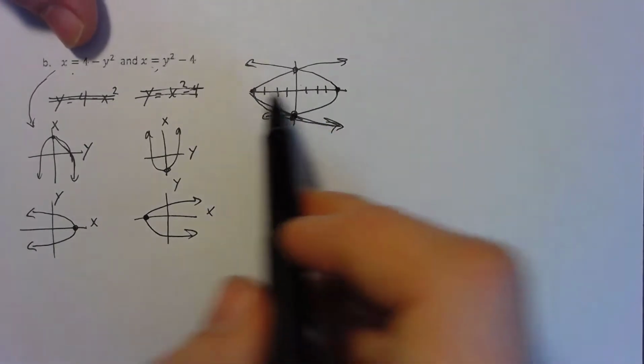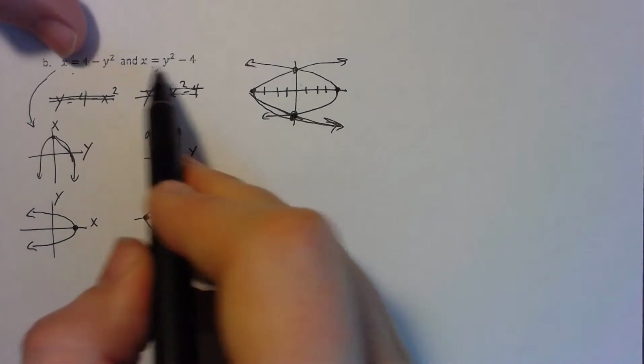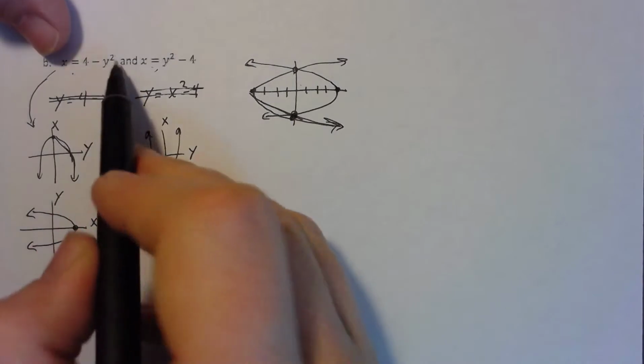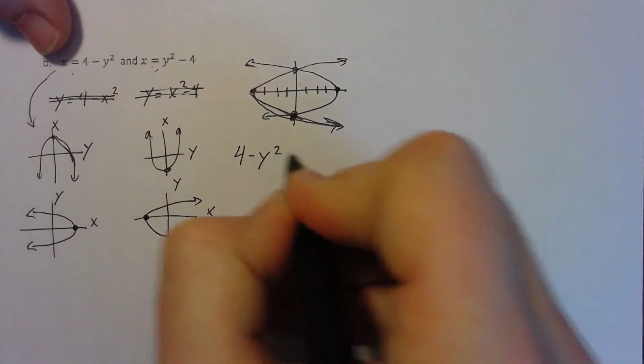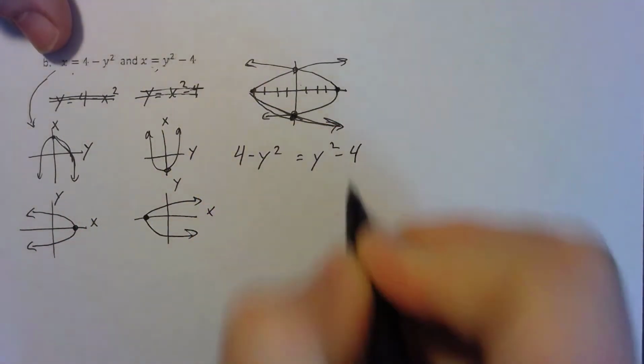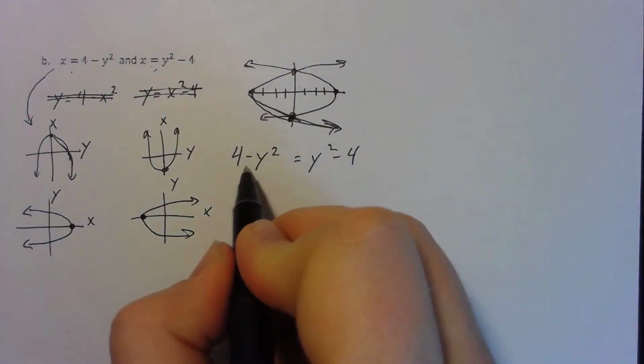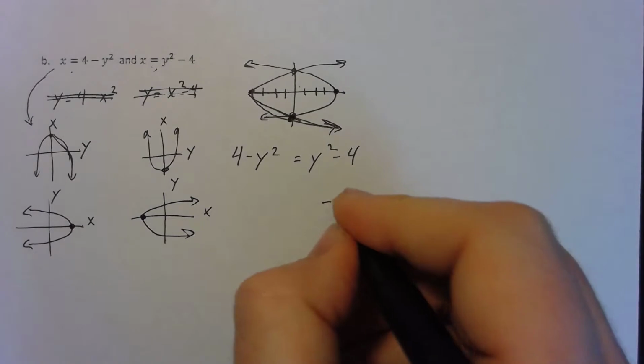If you're not confident with that, you can go ahead and plug in 0 for x and solve these equations. Again, you can set this equation equal to this equation, giving me 4 minus y squared equals y squared minus 4, and solve for the y value. I can subtract the 4 from both sides, giving me negative 8.